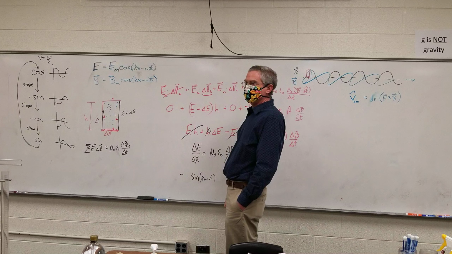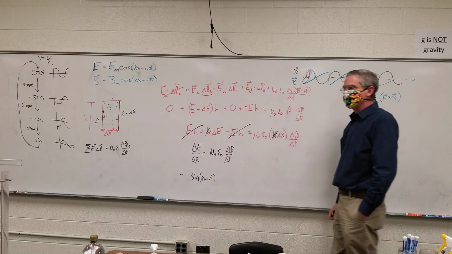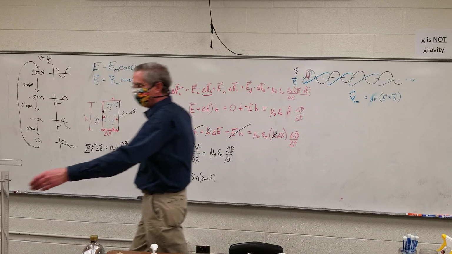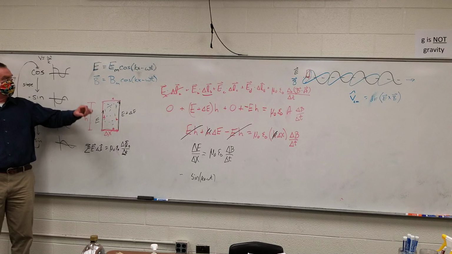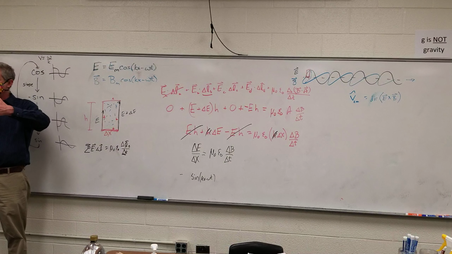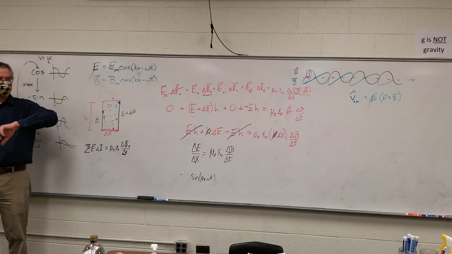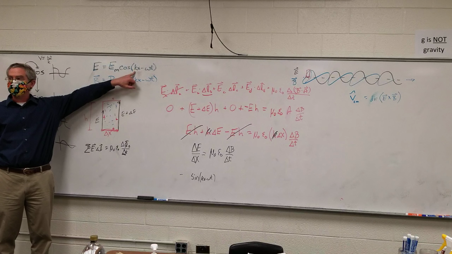Give me a second. Is it going to be that slope multiplied by kx minus omega t? Or just k? We're doing this with a change with respect to position, so we don't care about the time piece, so it's just the k.